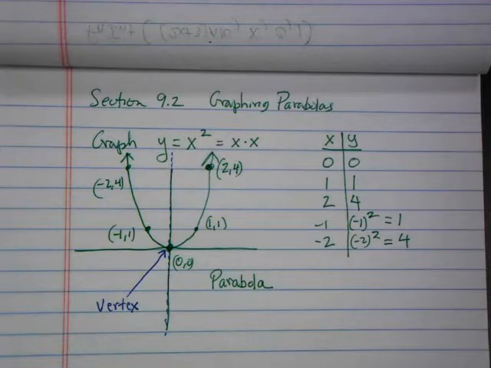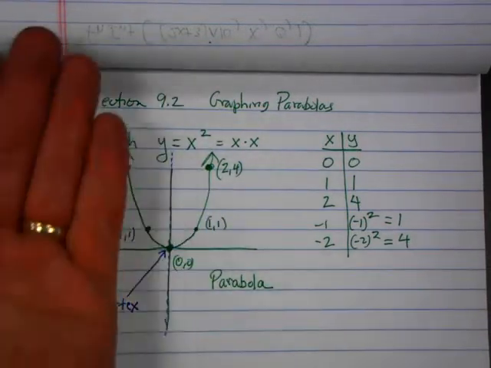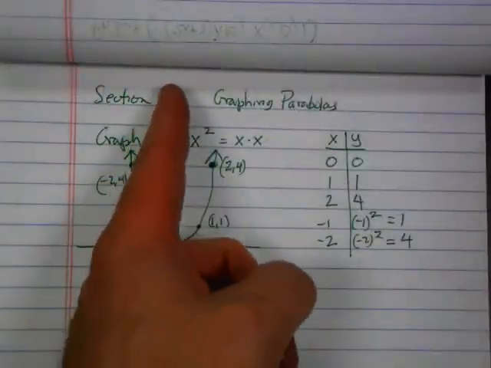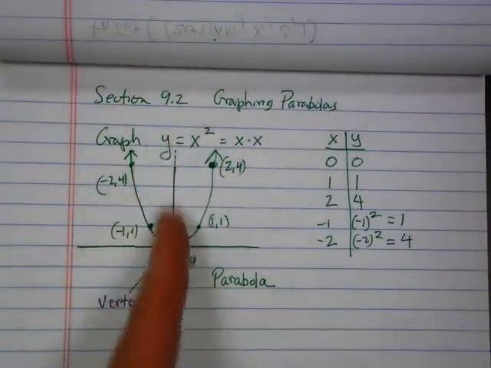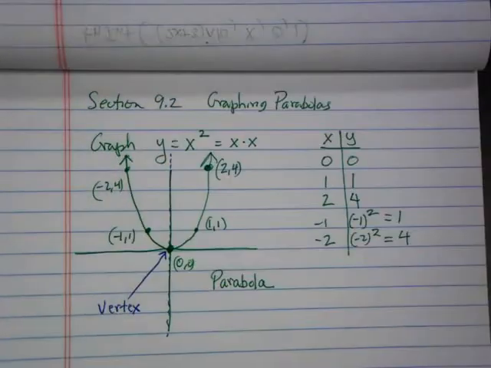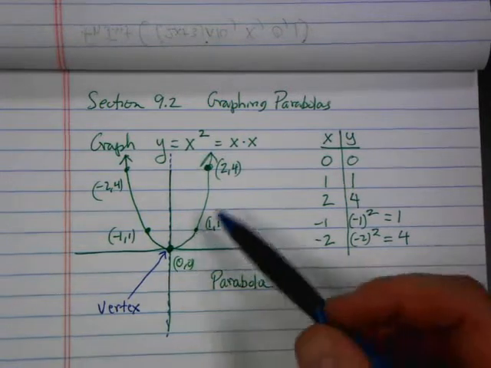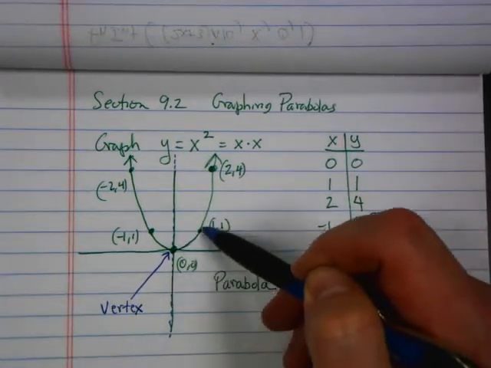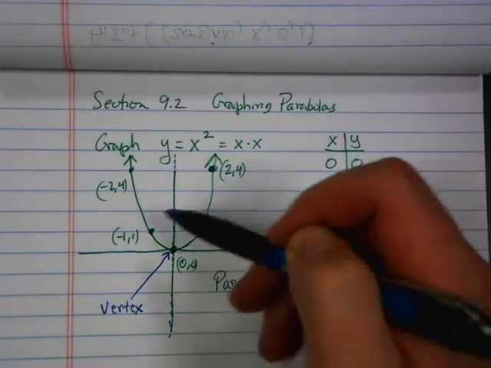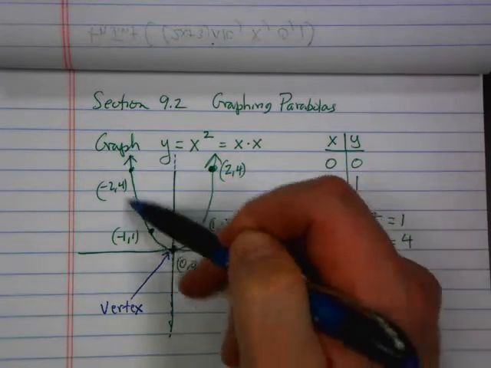If I could fold my piece of paper right along this axis, going right through the vertex, if I could fold that over, what would happen? They would match. And that's called symmetry. So it's like a mirror image. You've got the graph on this side, and on this side you've got the exact same picture.